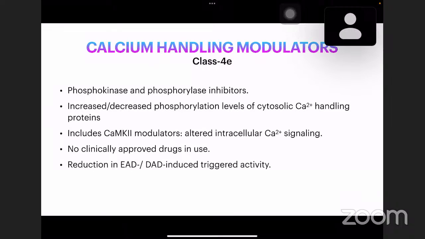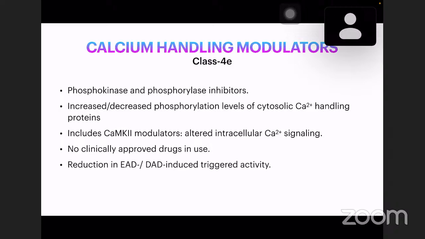Coming to class 4E, these are phosphokinase and phosphorylase inhibitors. They decrease the phosphorylation levels of the cytosolic calcium handling proteins. These act on calcium handling proteins, not on calcium channels.